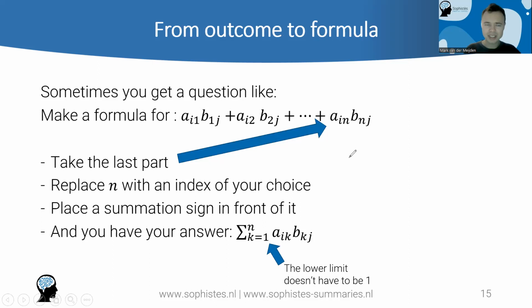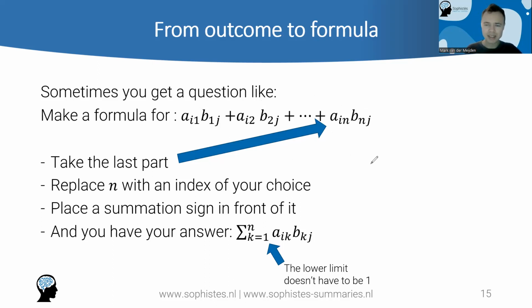In the previous cases, we got a summation and we had to figure out the outcome. But now we're going to do the opposite. So we start with a series and you have to come up with a summation. You can basically follow a step procedure for tutorial questions like this.